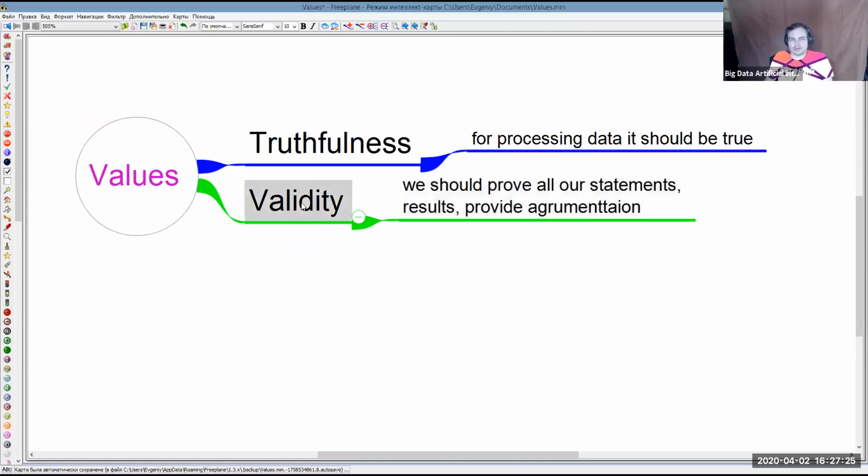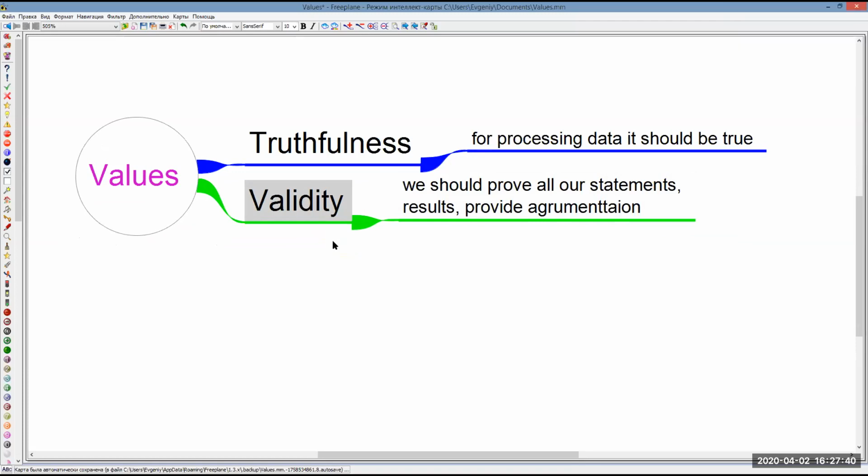So validity. Yeah, we can say validity about data. So what is the exact meaning? I think we can say validity not only about the data, but about all our results, for example, some theorems or something else.